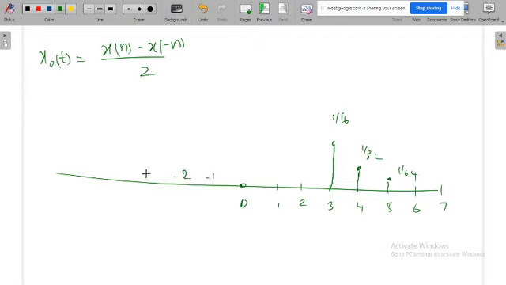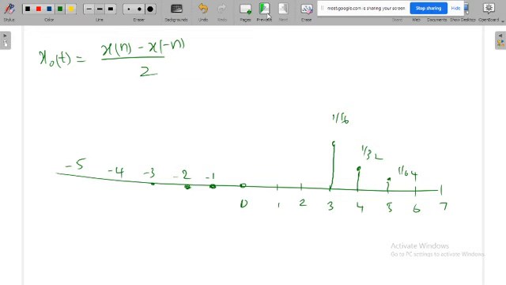Similarly here minus 1, minus 2, minus 3, minus 4, minus 5. Sorry, again here also we are making a mistake because we will not have any samples at minus 1 and minus 2.